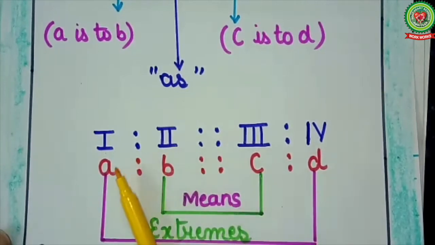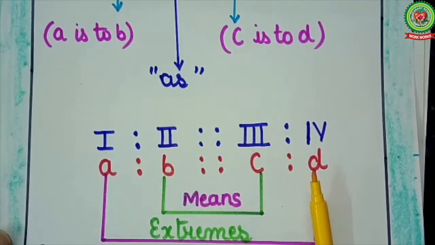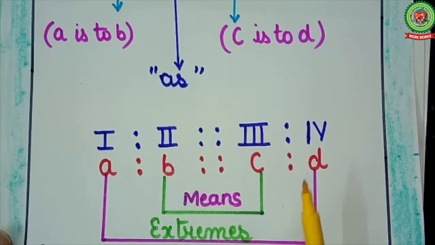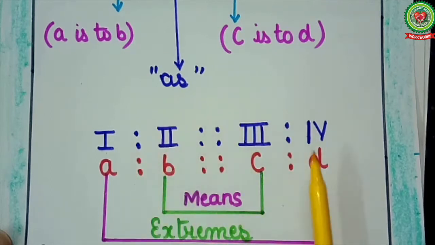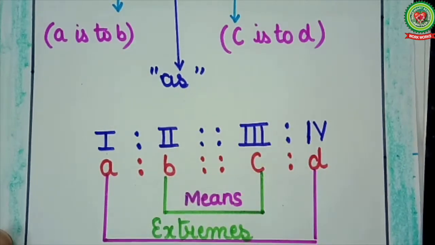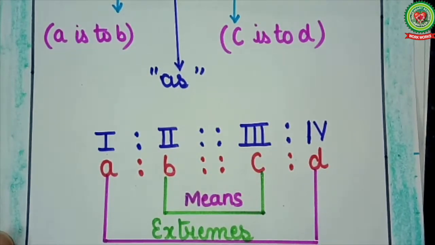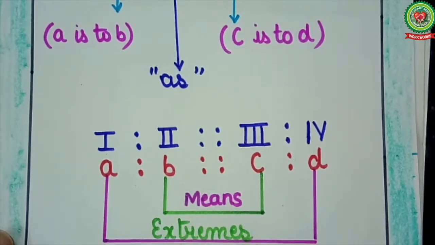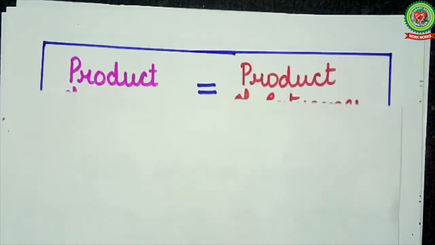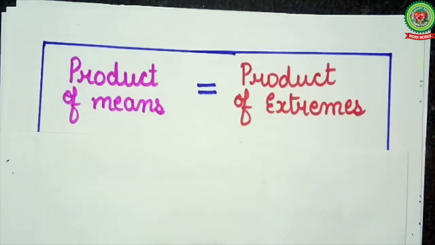Here A and D, which are the first and fourth terms, are known as extremes. So when all the terms are in proportion, we have to learn one important result. What is that result? That is, the product of means equals the product of extremes.